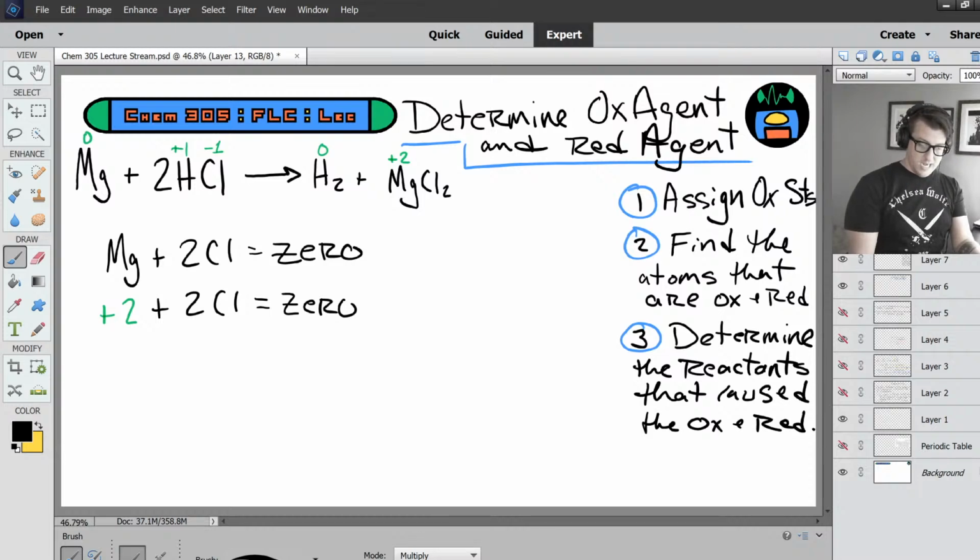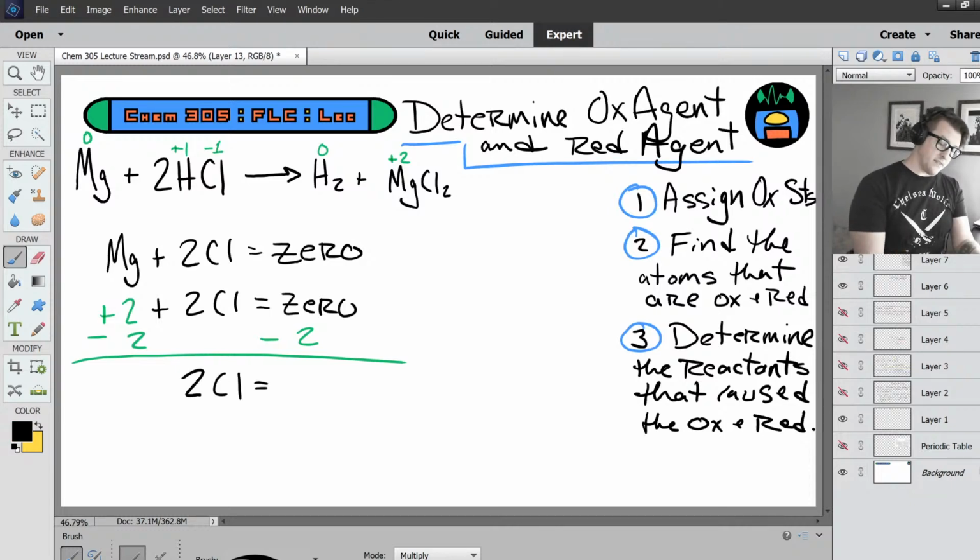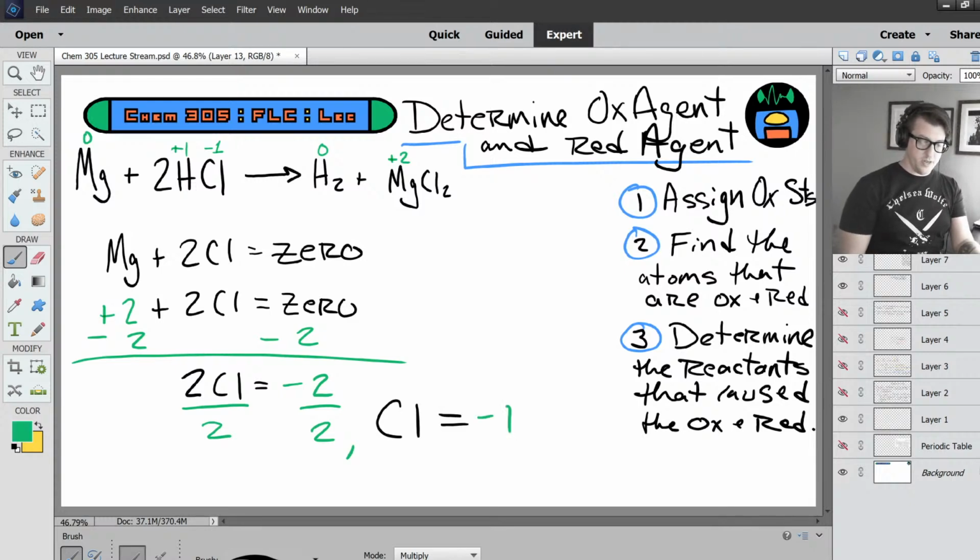Now, subtract 2 to get chloride isolated on one side of the equation. 2 times the oxidation state of chloride equals -2. And then we divide both sides by 2. So chlorine has an oxidation state of -1 in this compound.